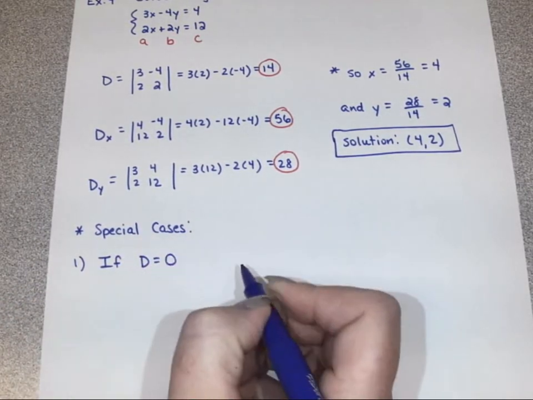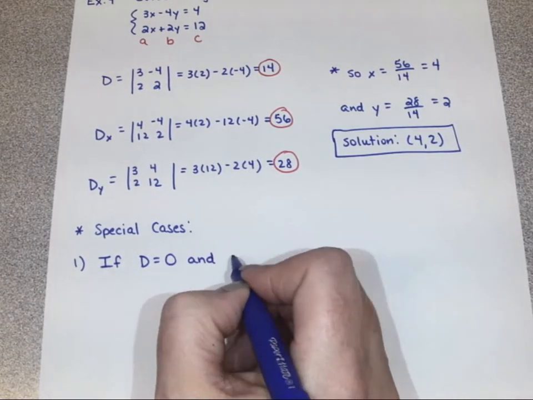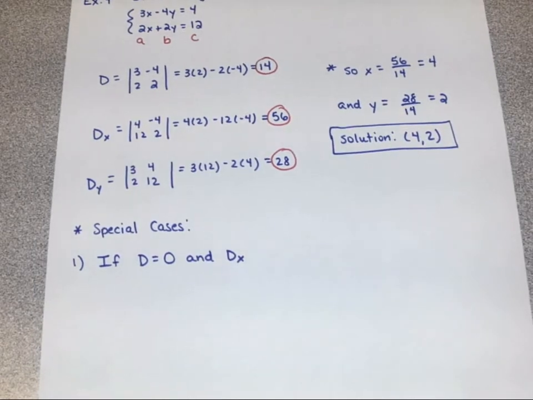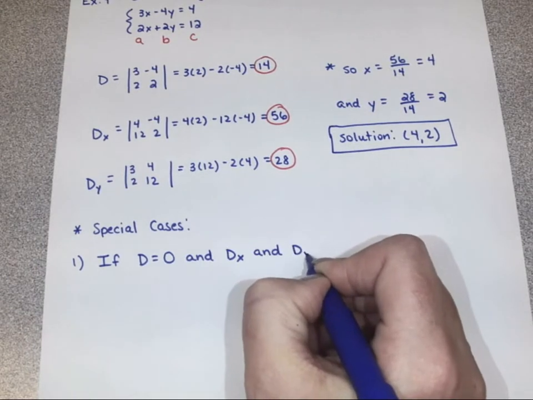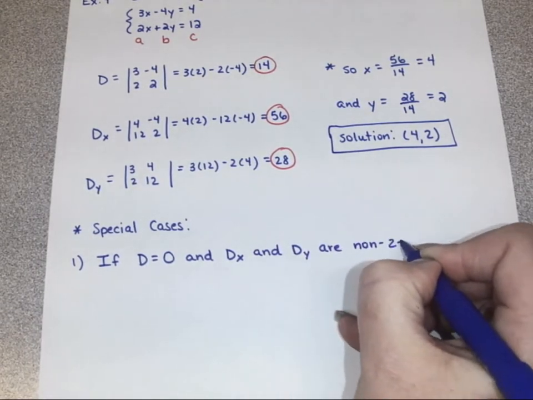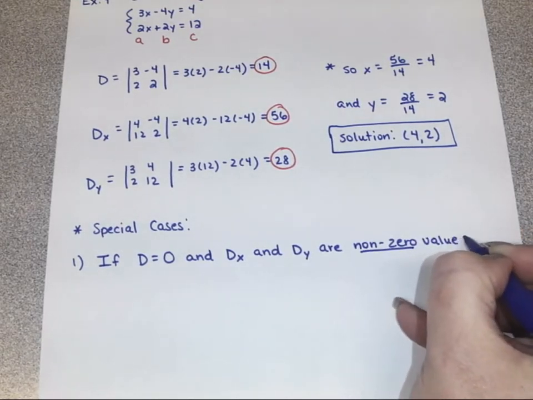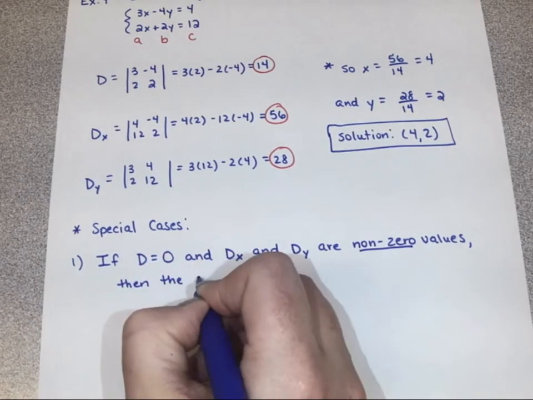So if d equals 0, d being the first determinant we find, and d sub x and d sub y are non-zero numbers, then the system has no solution.